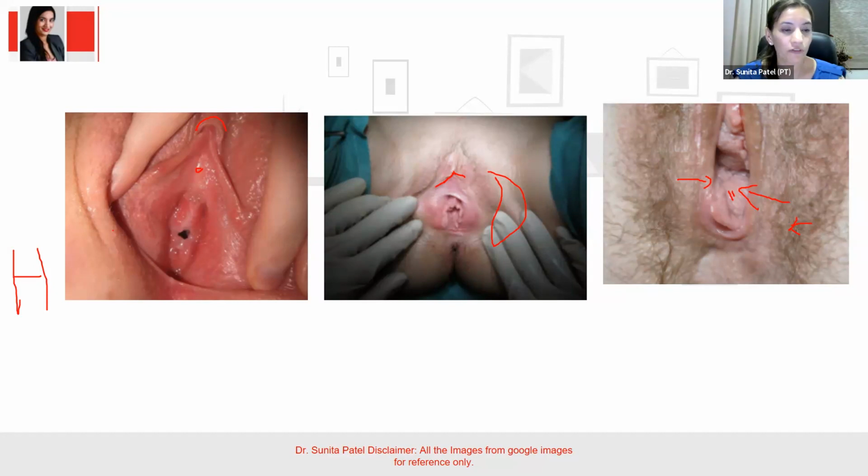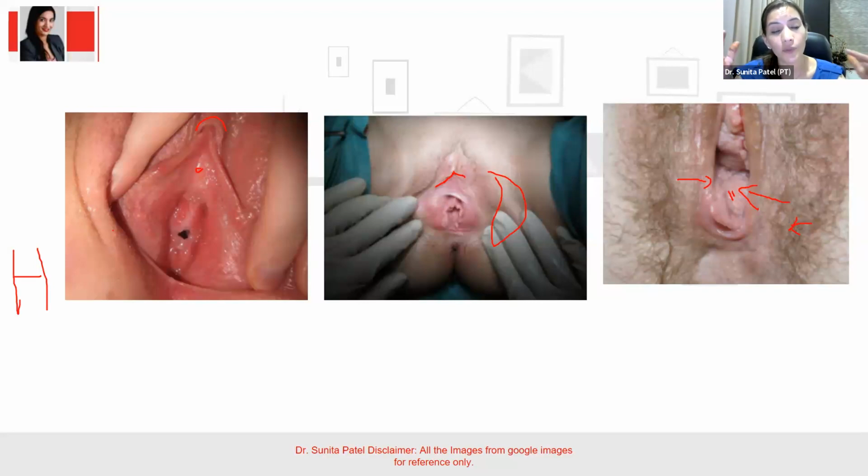That hymen was a sign of virginity was a statement given by our ancestors, like our grandmothers and grandfathers. They used to believe that the hymen tissue should be present. But one important thing we are missing nowadays is that when our mothers and grandmothers were getting married, the age was around 11, 12, 13.